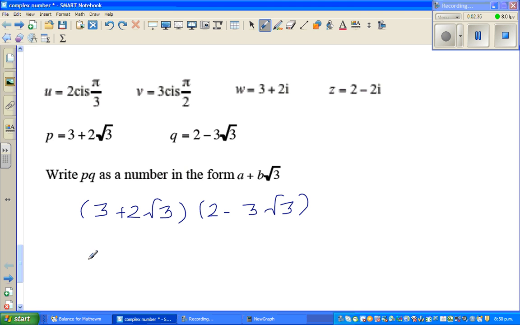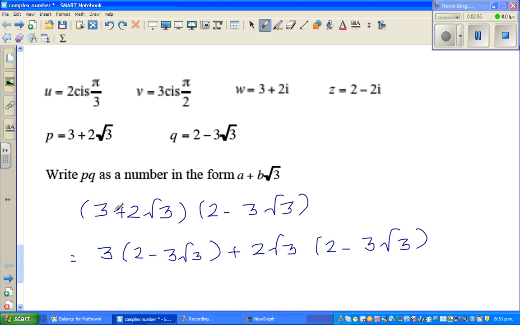To simply expand as we expand brackets, so this is 3 times 2 minus 3 root 3, plus 2 root 3 times 2 minus 3 root 3.